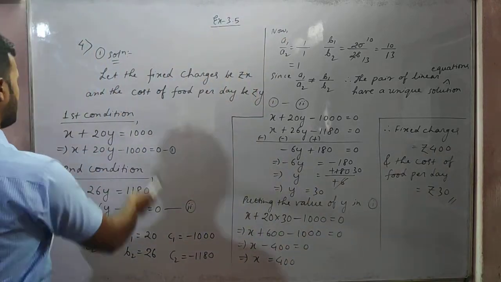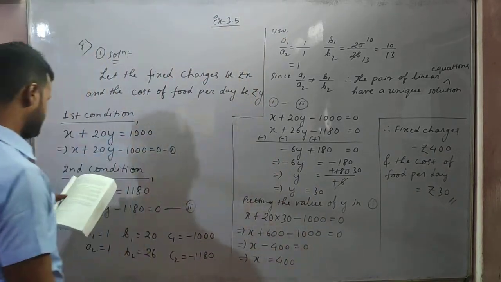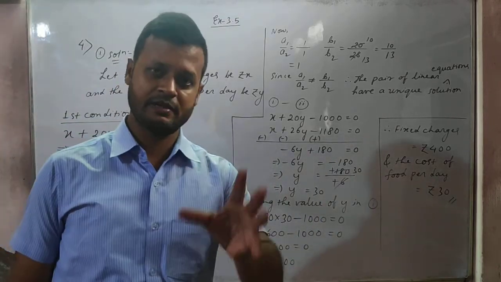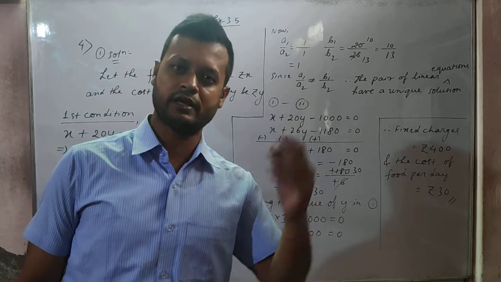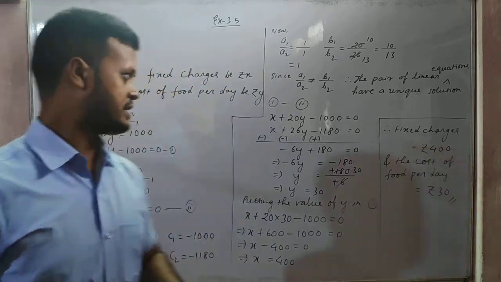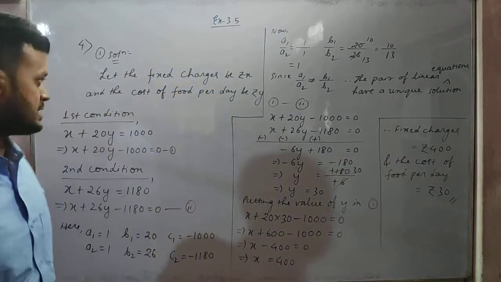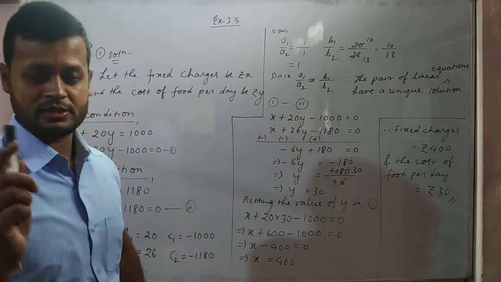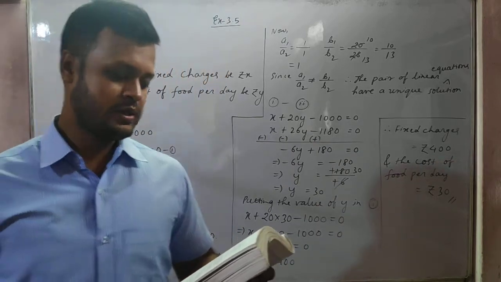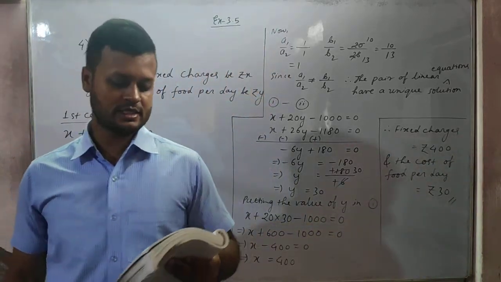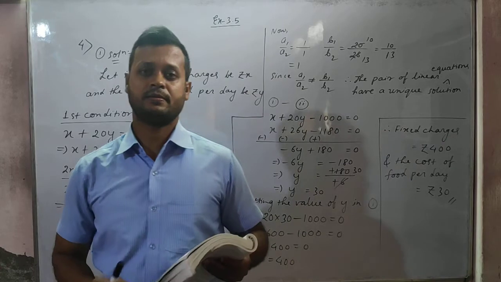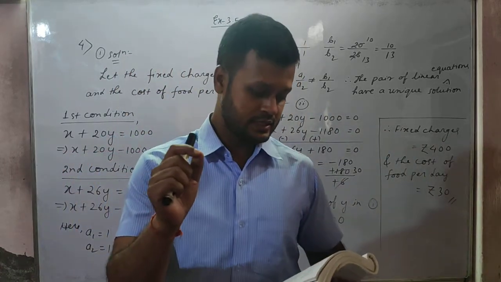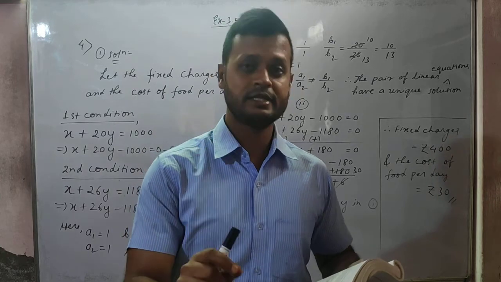Okay, so let the fixed charges be rupees X. That fixed charge the hostel will take whether you take food or not. Let the fixed charges be rupees X and the cost of food per day be rupees Y. So now first condition, when a student A takes food for 20 days, she has to pay rupees 1000. Now suppose any of the girl students has taken a seat in the hostel.